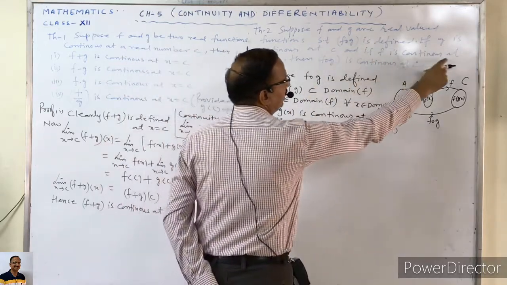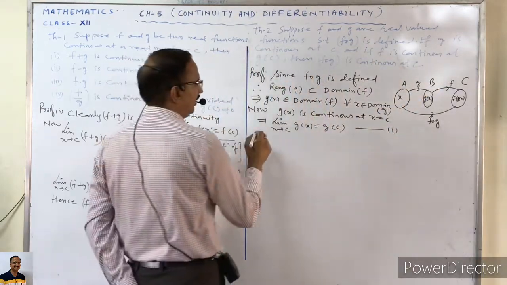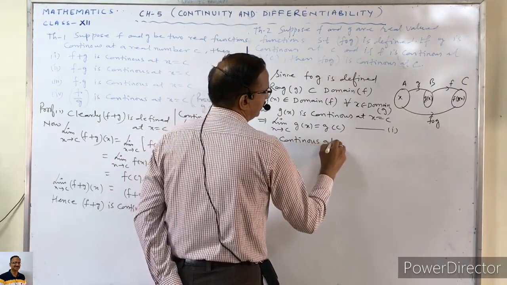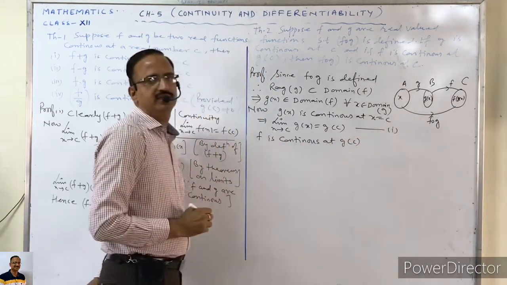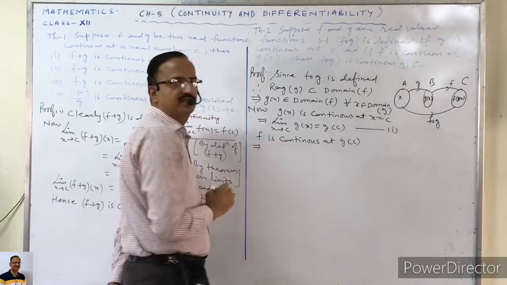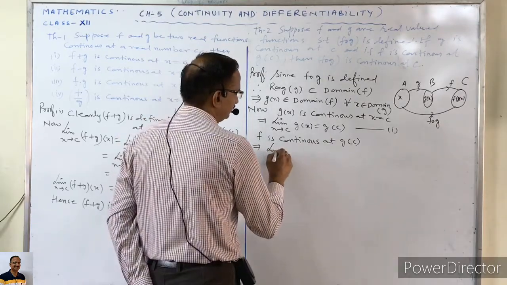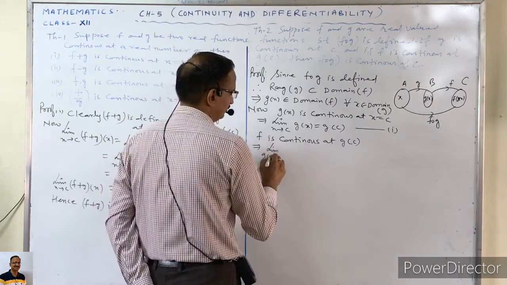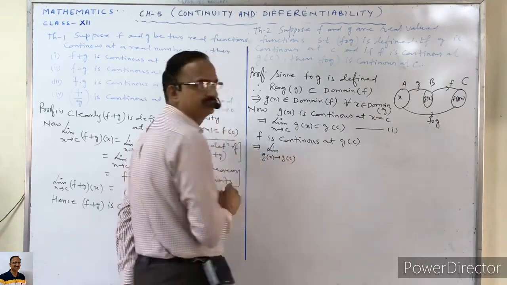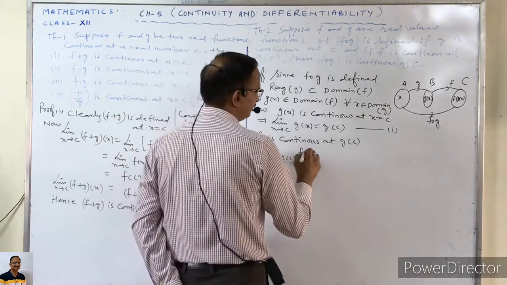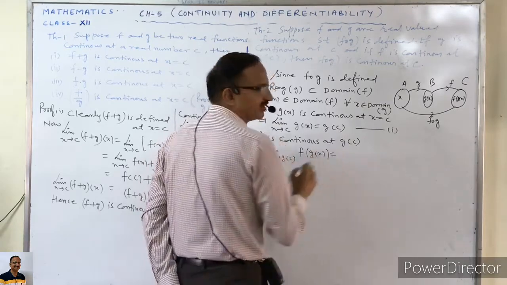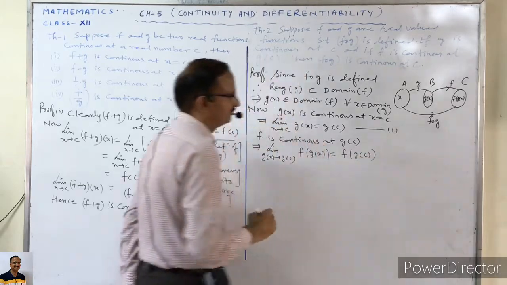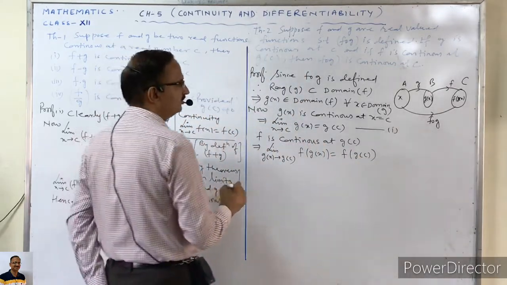Also, f is continuous at g(c). This implies that limit g(x) tends to g(c), f(g(x)) equals f(g(c)). Okay?